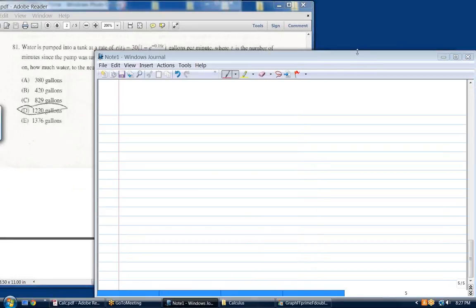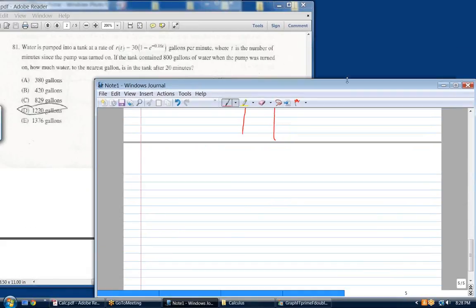Okay, this question is integral as net change. In other words, if you know a rate that water is being pumped into the tank, then I can integrate that rate function over the time 0 to 20, and that will be how many gallons of water are pumped into that tank in the first 20 minutes.